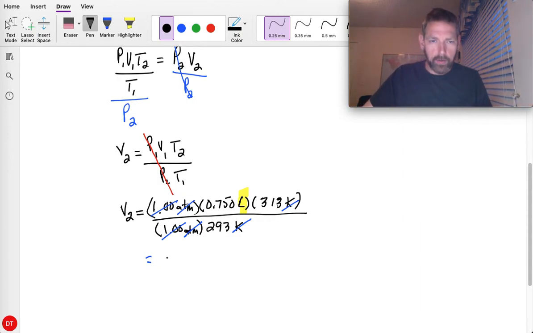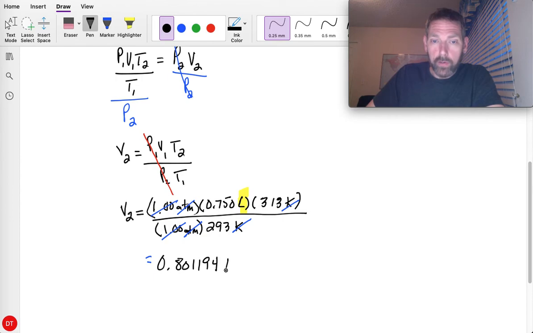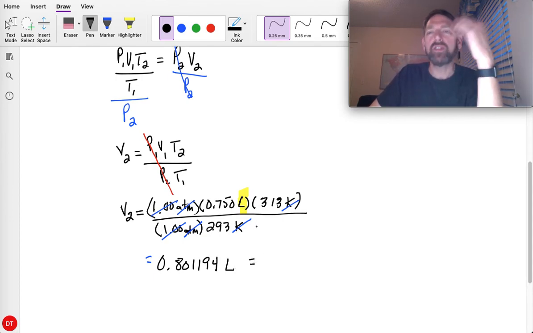So we've got 0.801194. There's a bunch of other numbers. You saw that we don't need that, and the only unit left is liters. Okay, so 750 milliliters, 3 significant digits. So let's go with 3. 1, 2, 3.